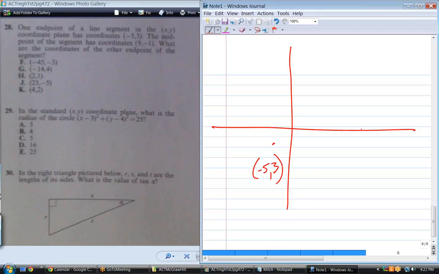I'm going to call this 9, -1, relatively drawn to scale. That's the midpoint. The other end is somewhere out there in Never Never Land. What are its coordinates?